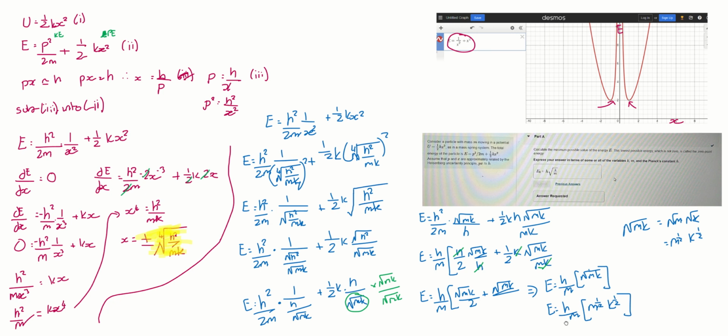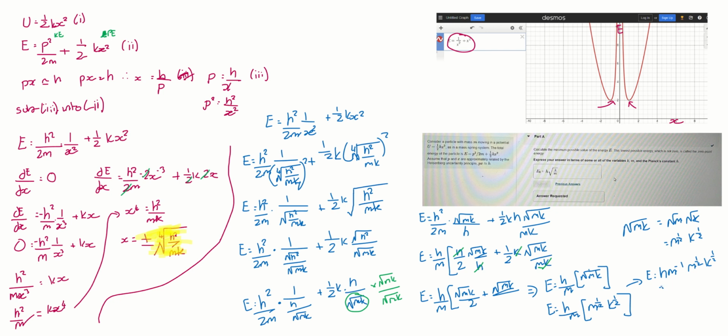Look at that little m down there. At the bottom, that's actually m to the minus 1. So we can write this out as E equals h, and we're just m to the minus 1, because that's what h over m is, times by m to the half, k to the half.